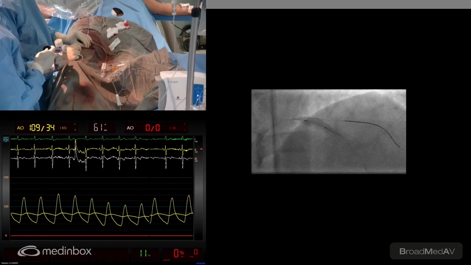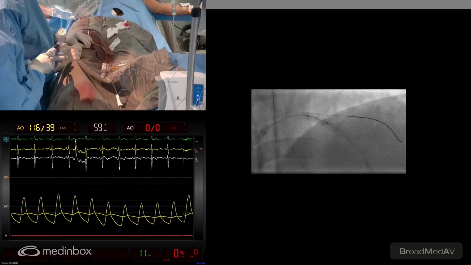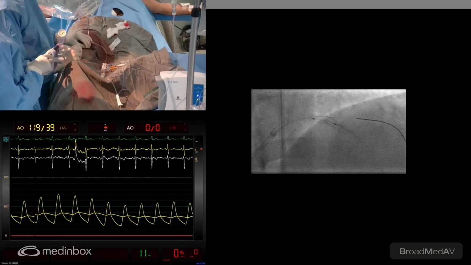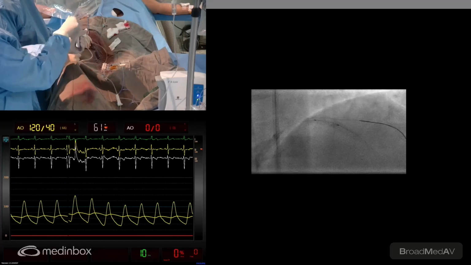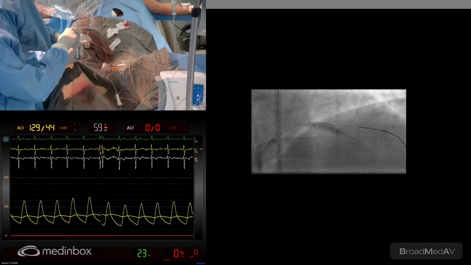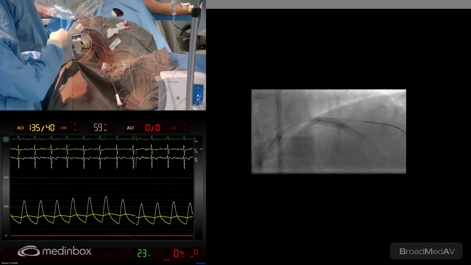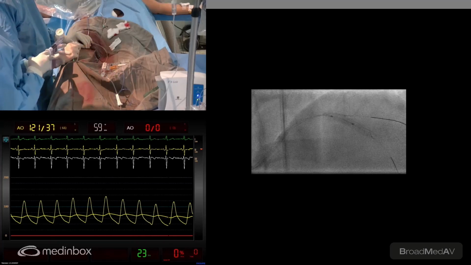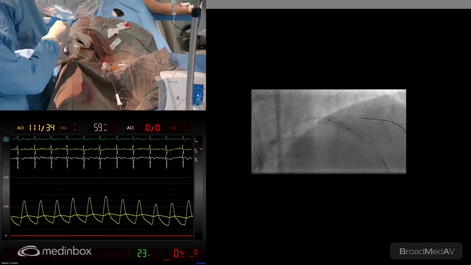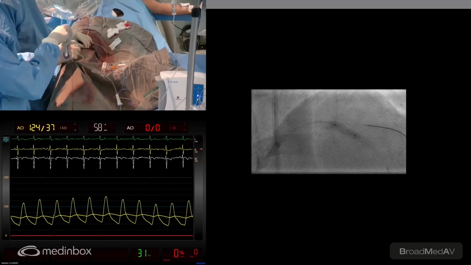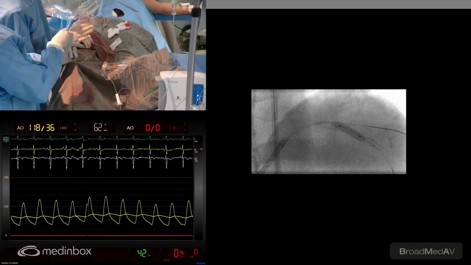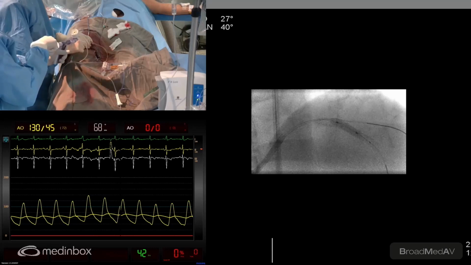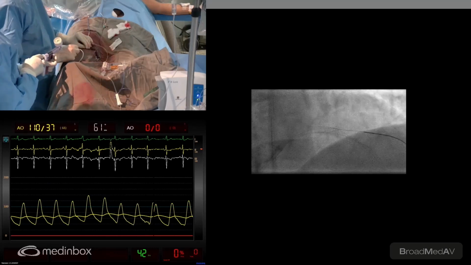She will have a little pain in the chest. Deflate. Go up again. 20. Deflate. 20. So these all are being done at high pressure with a 3.25 by 12 non-compliant balloon.